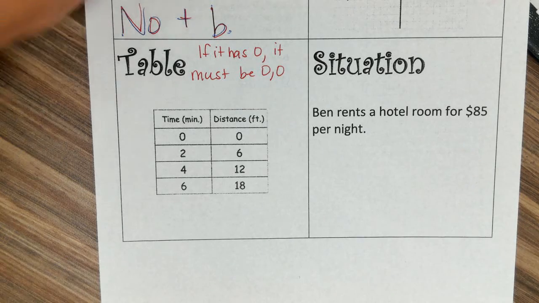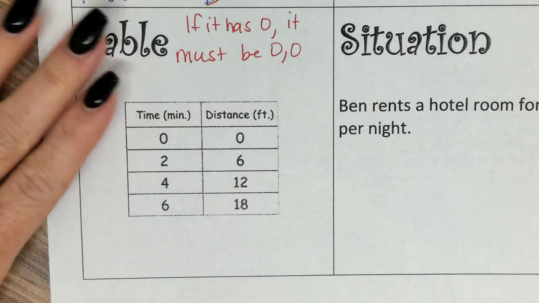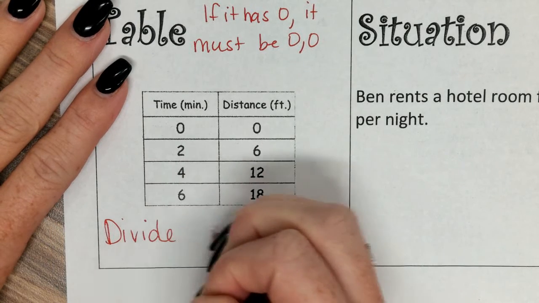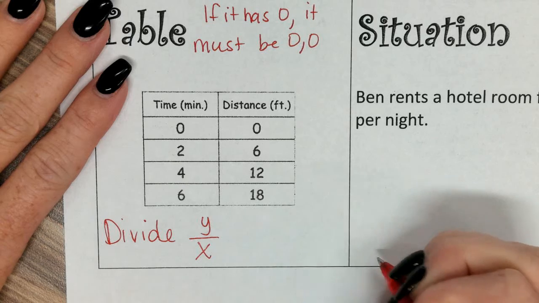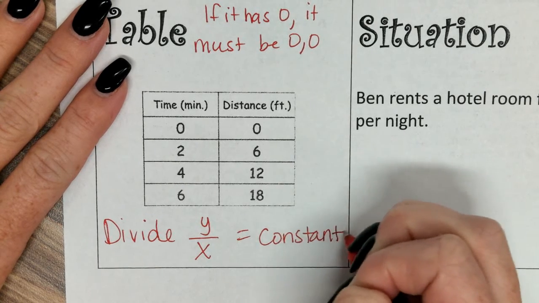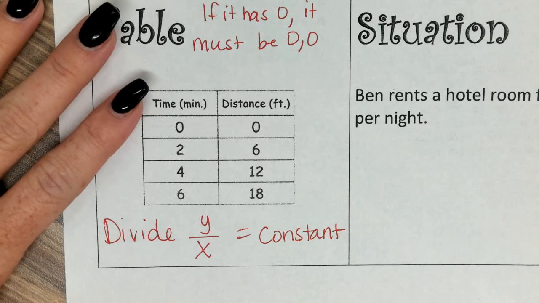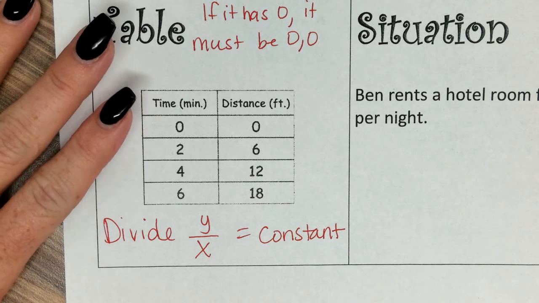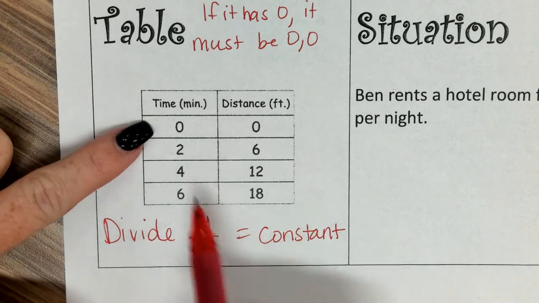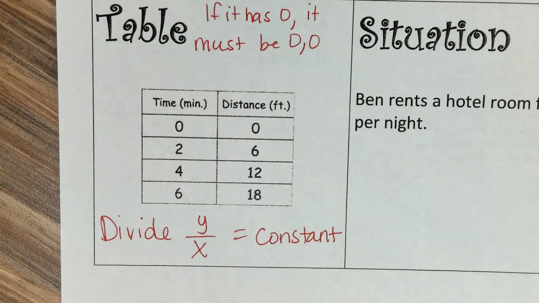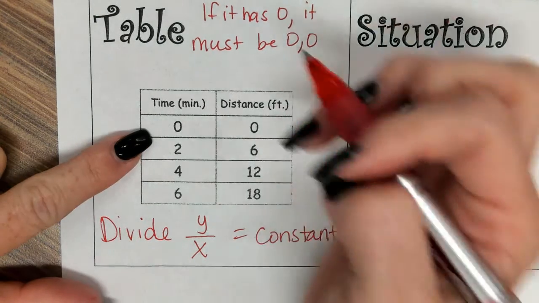The last way to tell if it's proportional is you can divide y over x and you will get a constant answer for the whole table if it's proportional. You can divide in your calculator. So everybody look at this table. First of all, it had 0, 0, so we know it's proportional. But pretend it did not have 0, 0. These are the x's.